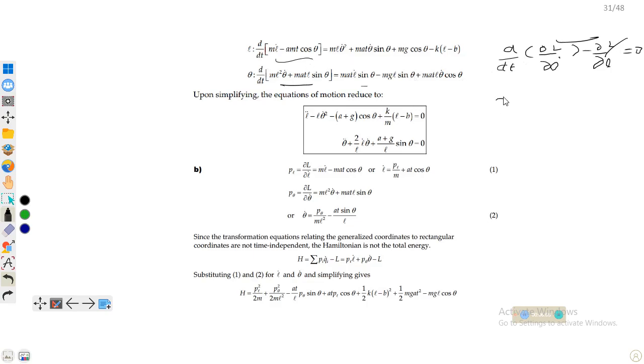Similarly for theta, d over dt of partial L over partial theta dot minus partial L over partial theta gives this equation. Upon simplifying and separating the variables, the equation of motion reduces to L double dot minus L theta dot square plus (minus a plus g) cos theta equal to this, and theta double dot is equal to this.